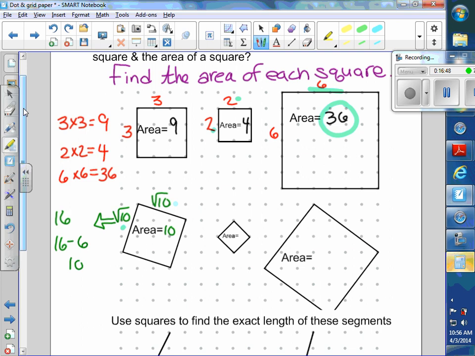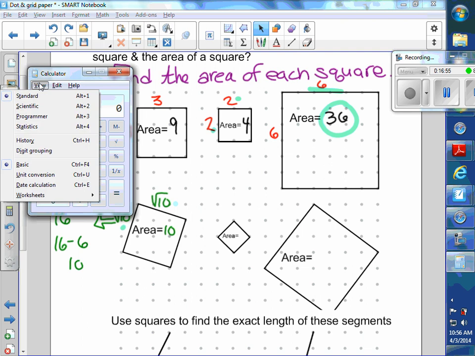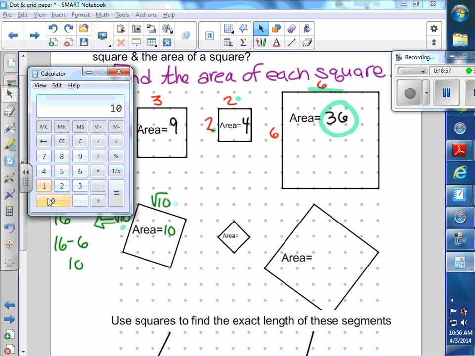So that's actually the number. So look at this. If I take my calculator and I do the square root of 10, it's not a rational number. But if I times it by the square root of 10, see how it says the square root of 10 times the square root of 10? What's my answer going to be?